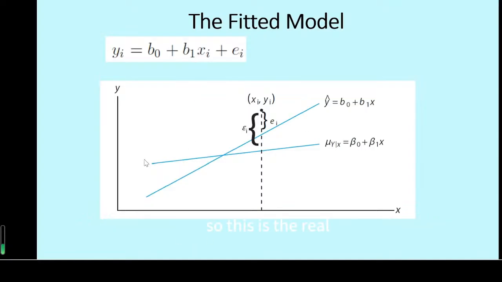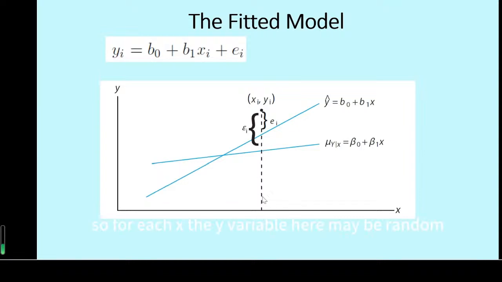So this is the real relationship between x and y. We use the notation mu y given x equals beta 0 plus beta 1 times x. Here mu means the mean value of y given x.